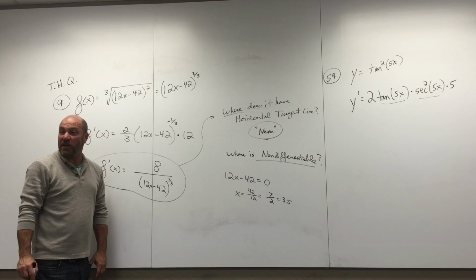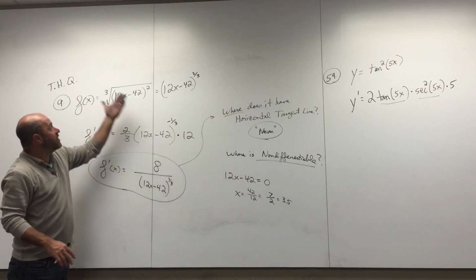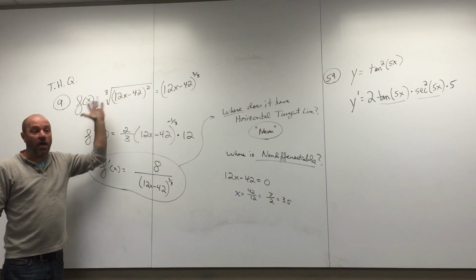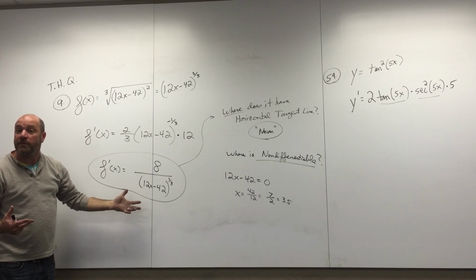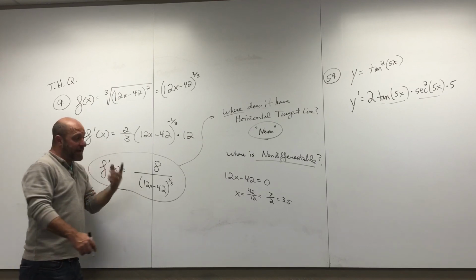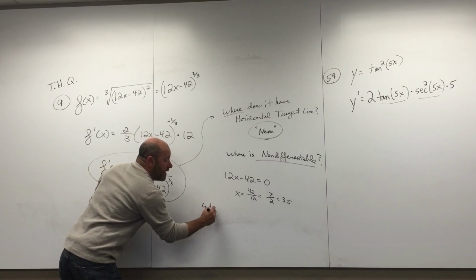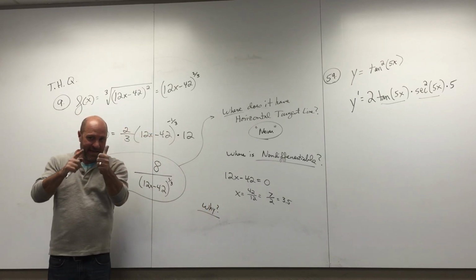That's a non-differentiable point. It's not undefined in the original function, but it is undefined in the derivative. And that makes it a non-differentiable point. And my next question is why? What I mean by that is, is it an endpoint?